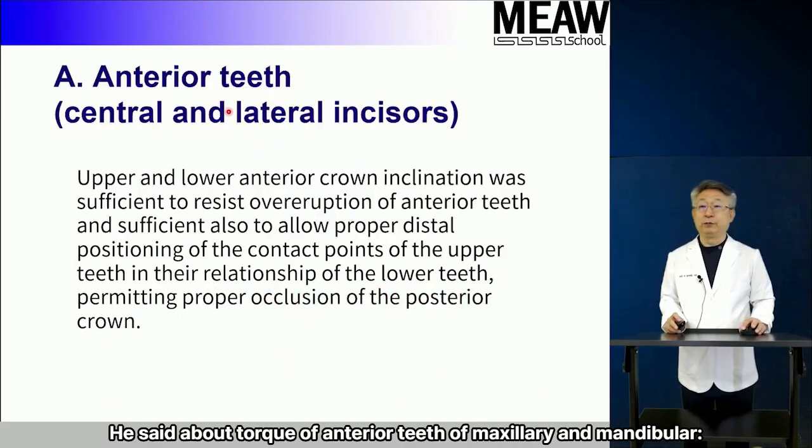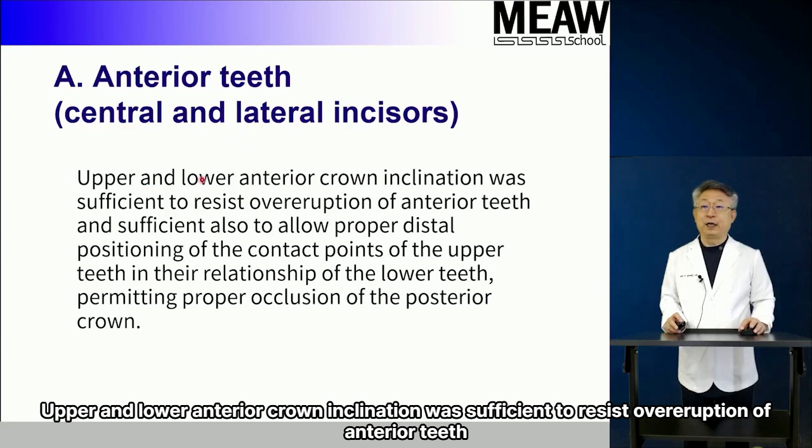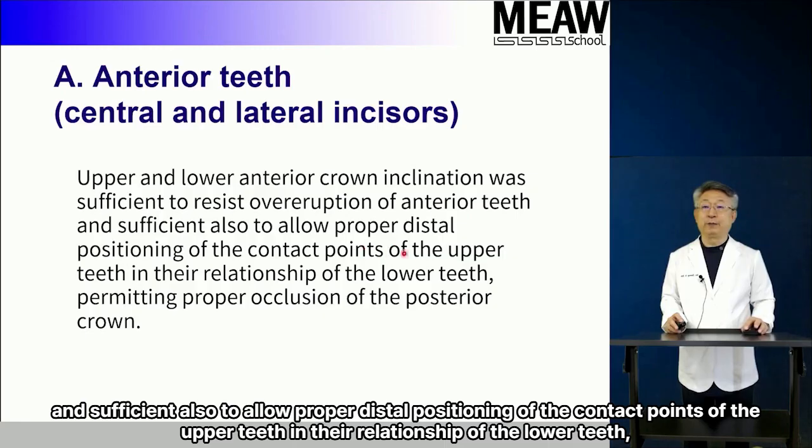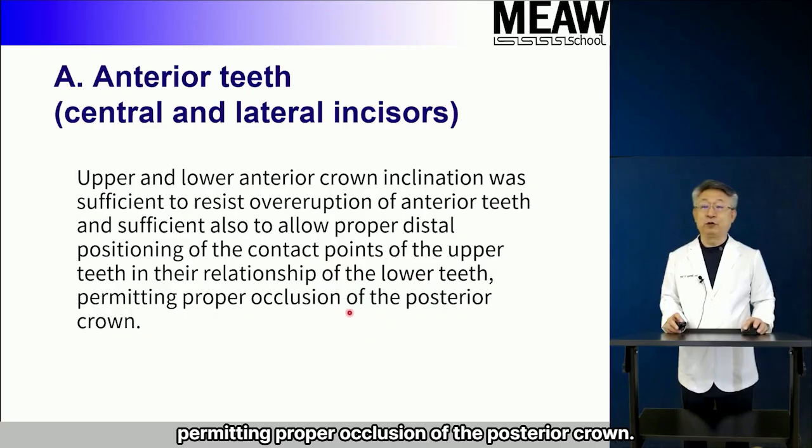He said about torque of anterior teeth of maxillary and mandibular. Upper and lower anterior crown inclination was sufficient to resist overeruption of anterior teeth, and sufficient also to allow proper distal positioning of the contact points of the upper teeth in their relationship to the lower teeth, permitting proper occlusion of the posterior crown.